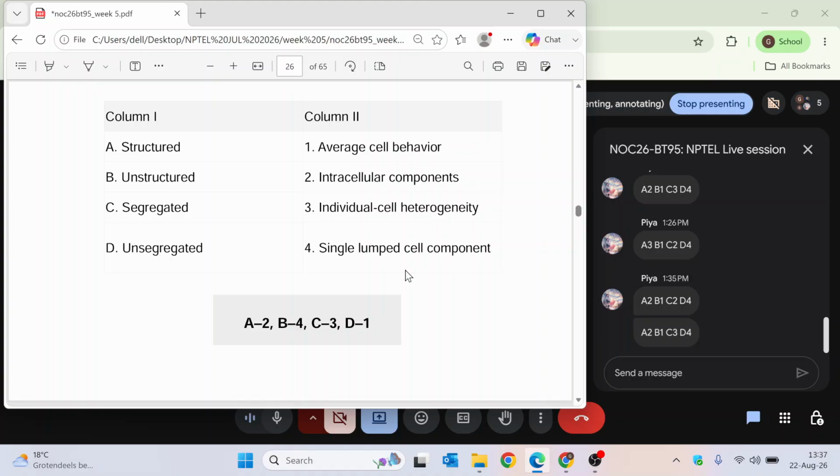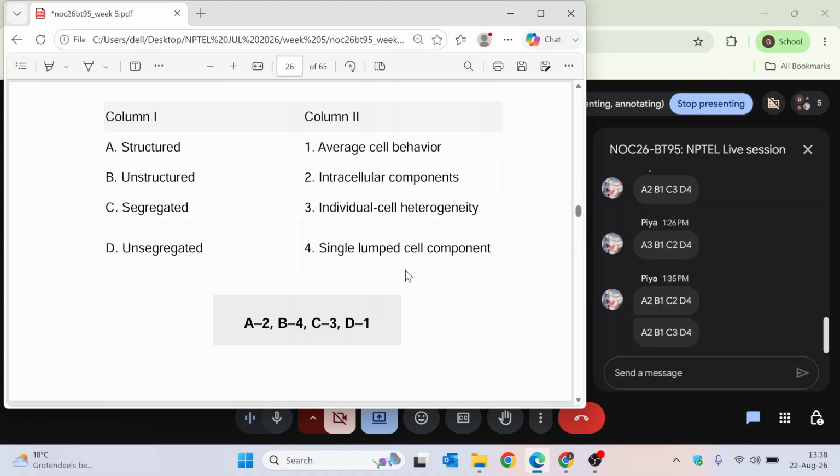When we talk about segregated and unsegregated models, the segregated model tells that a culture consists of heterogeneous individual cells, and all these cells can have different age, different size and different metabolic state. So that is what we call individual cell heterogeneity. Not all cells are the same, even though we have a pure culture of the same species, the age of the cell need not be the same. It need not be metabolically the same, or the size may differ.